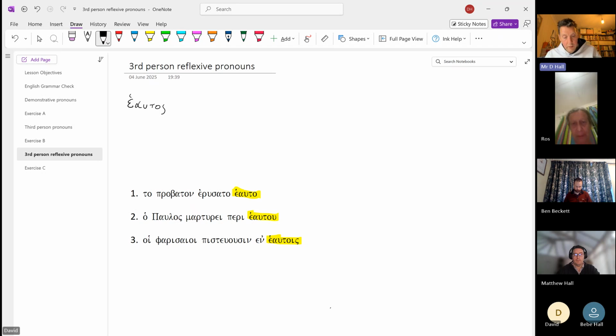All right, so the sheep rescued itself. I'm having real trouble writing that, aren't I?